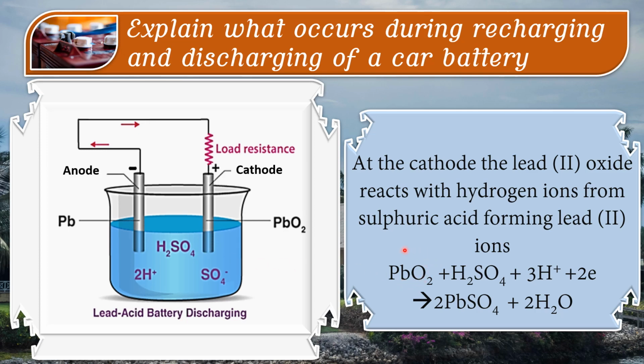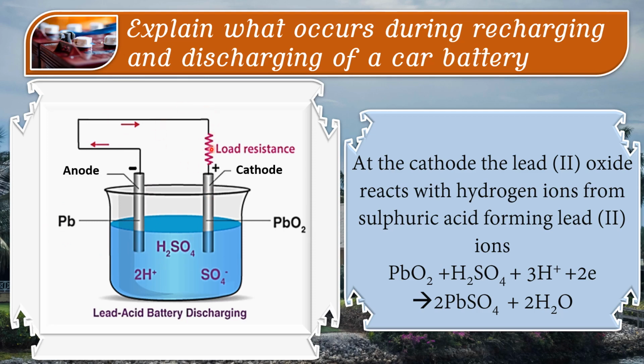So here we have our lead 2 oxide. It will dissolve into sulfuric acid and then react with the sulfate and hydrogen ions. We shall produce lead 2 sulfate and water, and there will be a need of the 2 electrons. And these 2 electrons are coming from this anode. These are the 2 electrons that were released by our lead when it dissolved into the solution.